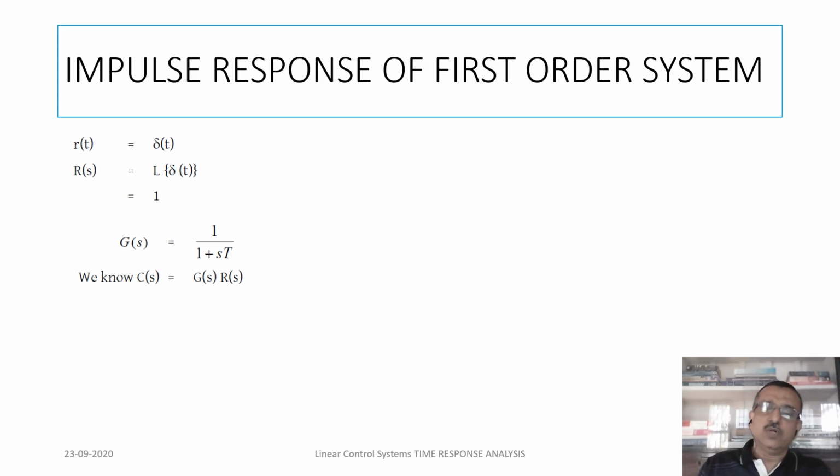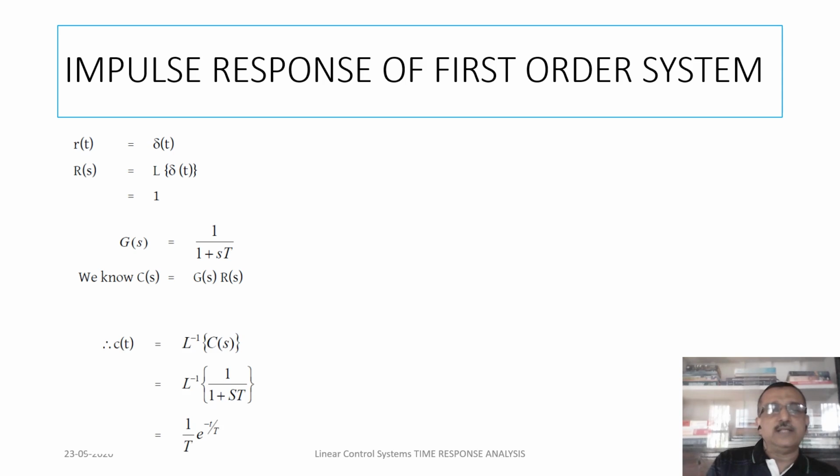So what is C(s)? G(s) into R(s), and to get c(t), we should take L inverse of C(s). So C(s) is G(s) into R(s), which is equal to 1 by 1 plus st, and that is L inverse of 1 by 1 plus st. This inverse is very easy.